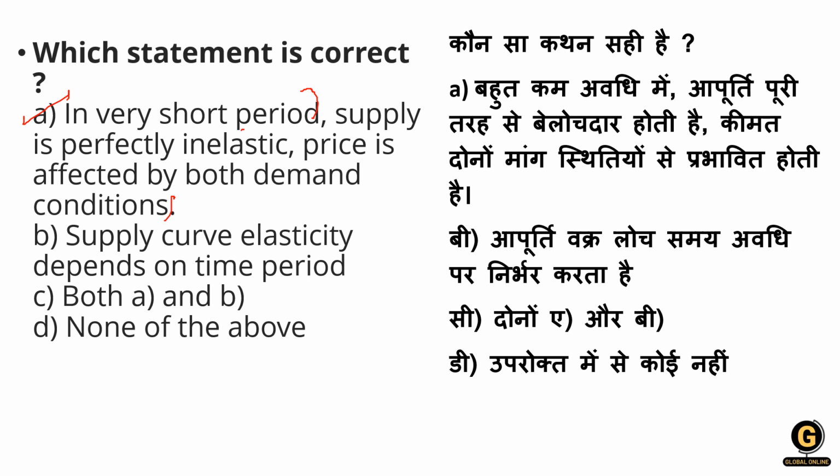Of course, in a short period supply is perfectly inelastic, and on the other side supply is elastic in a long period, meaning elasticity depends on the time period. So option B is also correct. Both statements A and B are correct here, so the correct answer is option C.